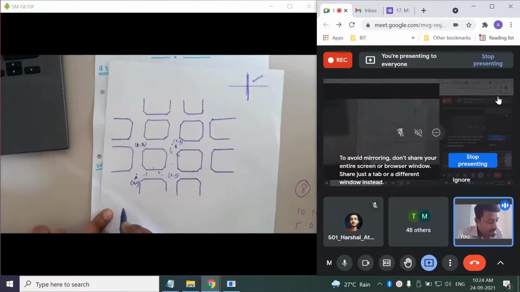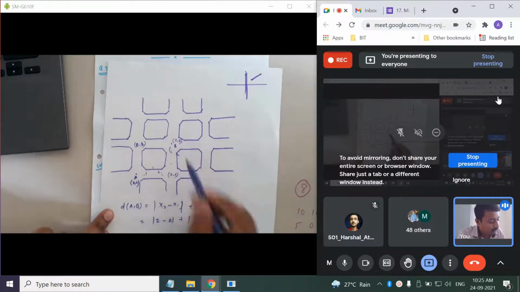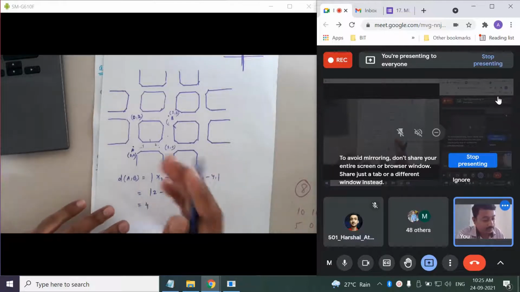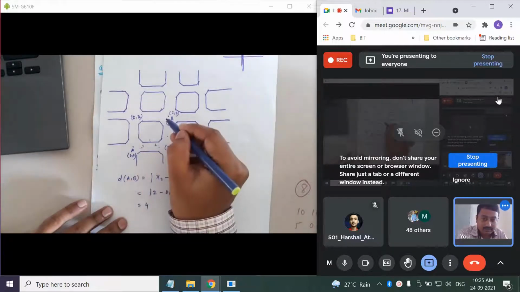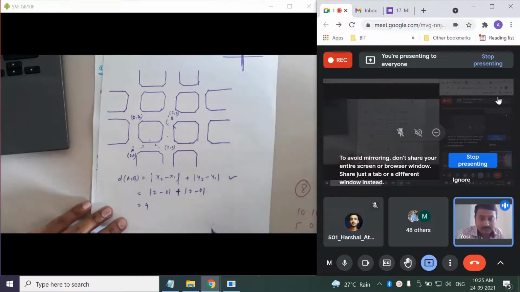The formula given is x2 minus x1 plus y2 minus y1. x2 is 2, minus x1 which is 0, plus y2 which is 2, minus 0, equals 4. Did you get the idea of this distance metric? It is called city block distance, and the constraint is that you cannot go over the building, you have to go by road only. That's why this formula is defined in this way.